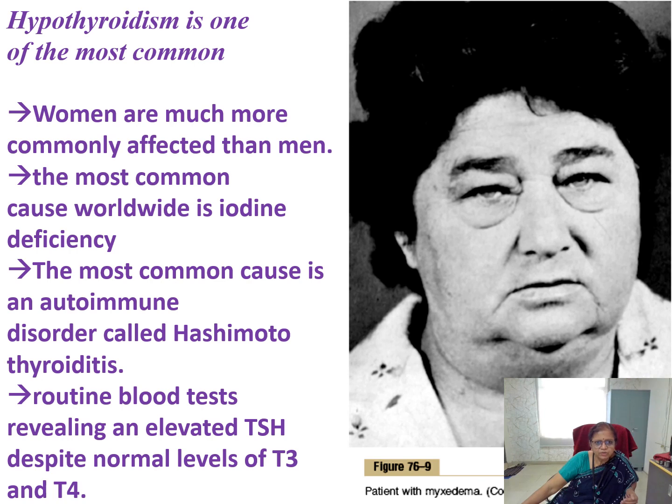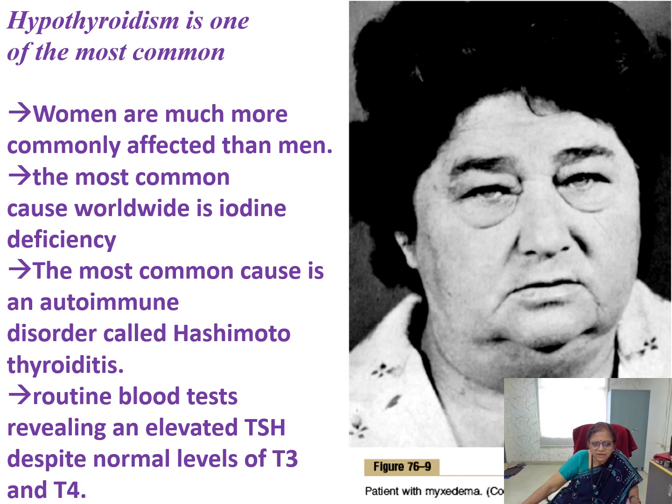Women are much more commonly affected than men. The most common cause is iodine deficiency. Another common cause is an autoimmune disorder called Hashimoto's thyroiditis. Hashimoto's thyroiditis is again an autoimmune disease, a hypo condition, whereas in hyper we call it Graves' disease.